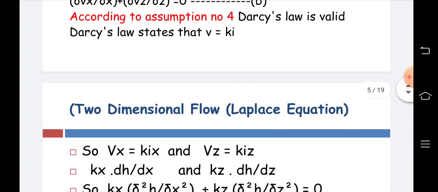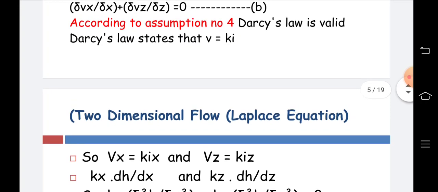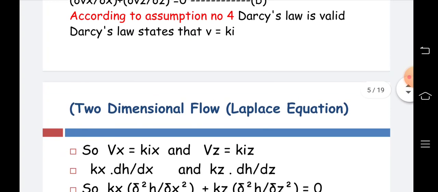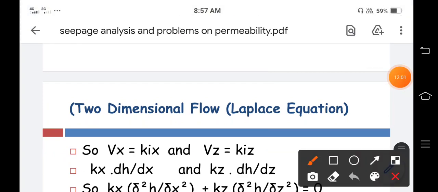So Vx equal to kx into ix, and Vz equal to kz into iz, or you can call it kx into I and kz into I. In terms of derivatives, it becomes kx dh by dx and kz dh by dz.